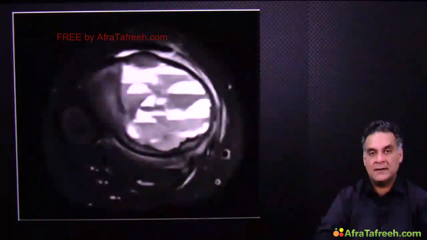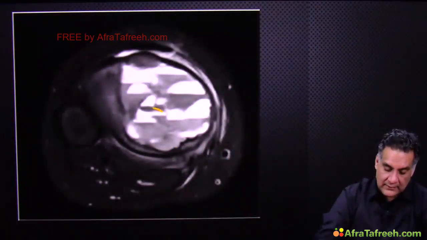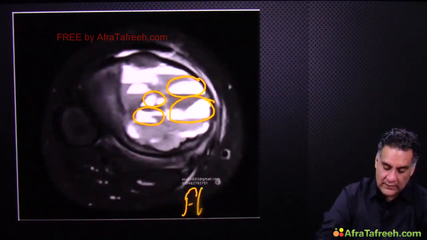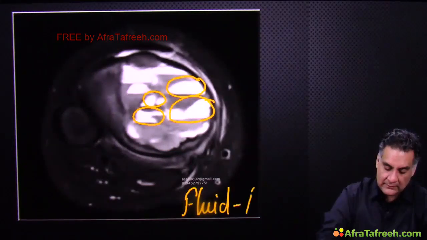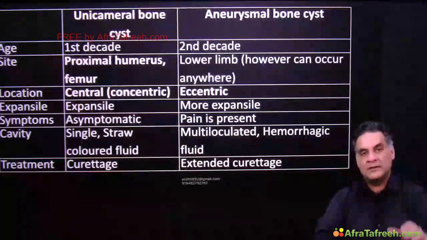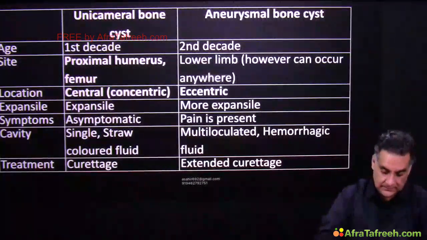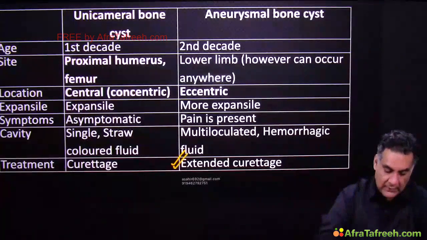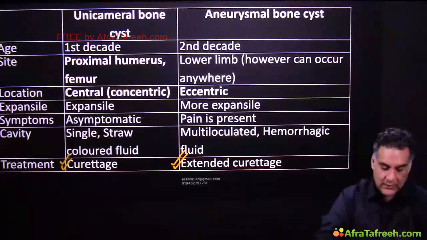When you get an MRI done, these different compartments will give you a picture on MRI called fluid levels. Treatment is more aggressive. You will do extended curettage, whereas in UBC, curettage.